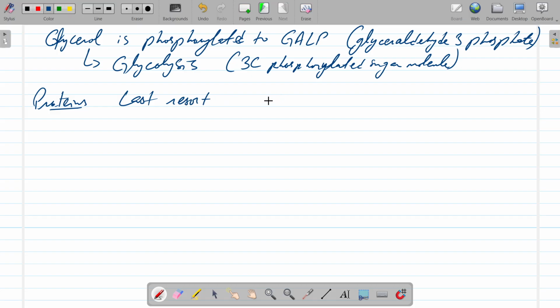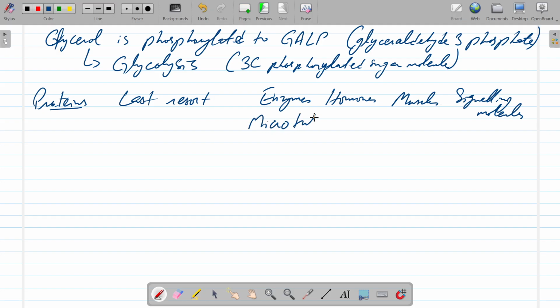And that is because proteins run the show in the body. Proteins are that important. You've got all sorts of enzymes, hormones, your muscles, signaling molecules other than enzymes and hormones, so neurotransmitters, and stuff going on in the cells, so microtubules, the cytoskeleton of the cell, and the proteins in the membranes and so on.